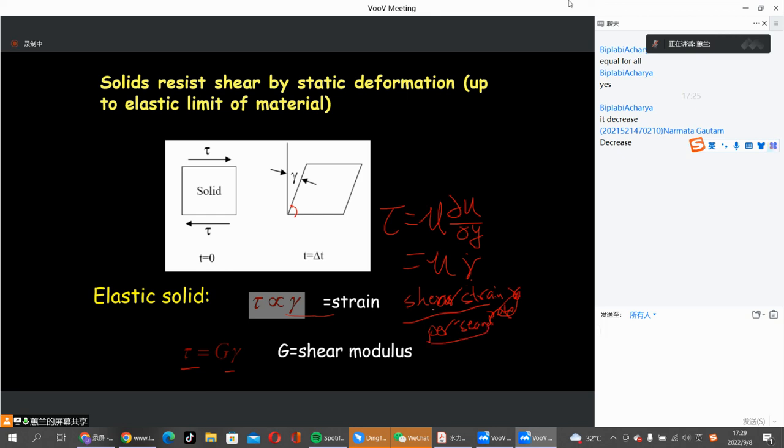Okay, again, yes. Here G is constant, right? Yeah, G is constant, the shear modulus. What's the value of G? Actually, I'm asking what's the value of G? The shear modulus. The value of G, you need to refer to your material mechanics textbook.